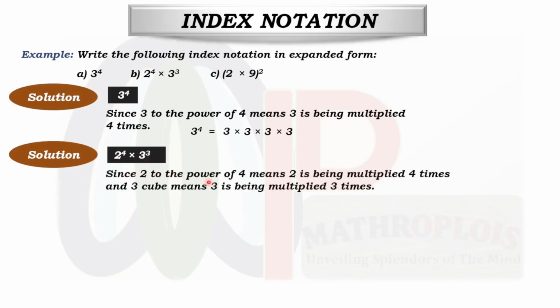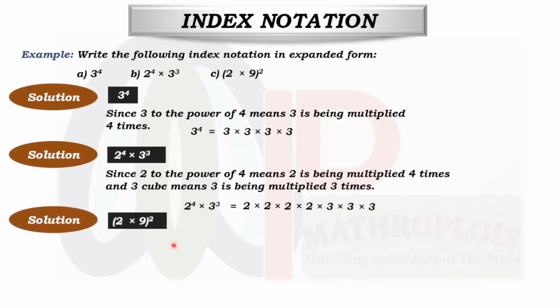Since 2 to the power of 4 means 2 is being multiplied 4 times, and 3 cube means 3 is being multiplied 3 times, it is equal to 2 multiplied by 2 multiplied by 2 multiplied by 2 multiplied by 3 multiplied by 3 multiplied by 3.